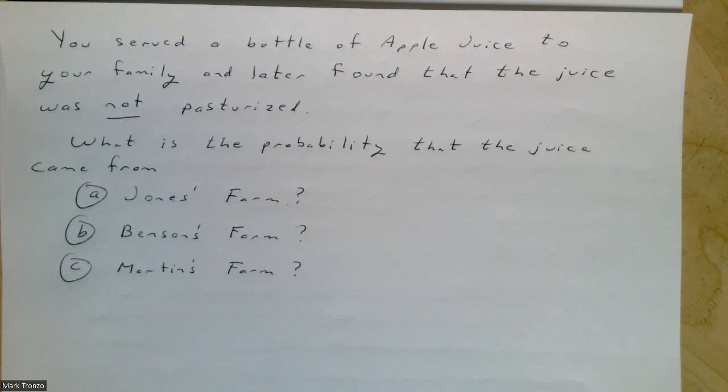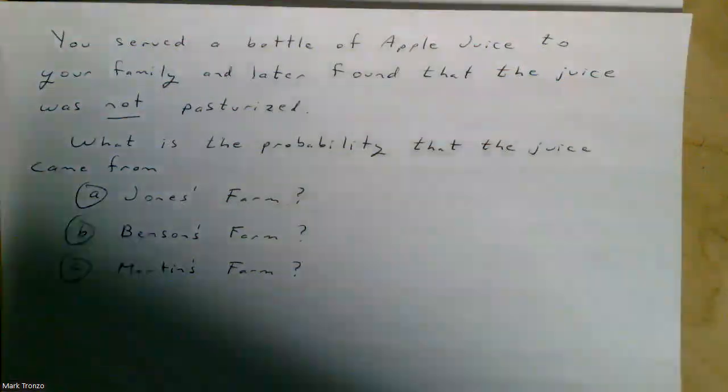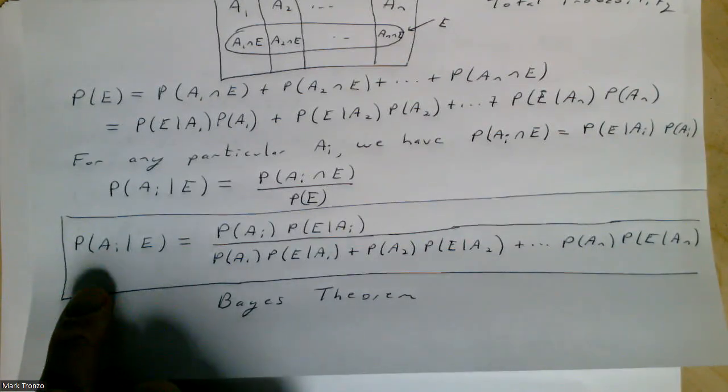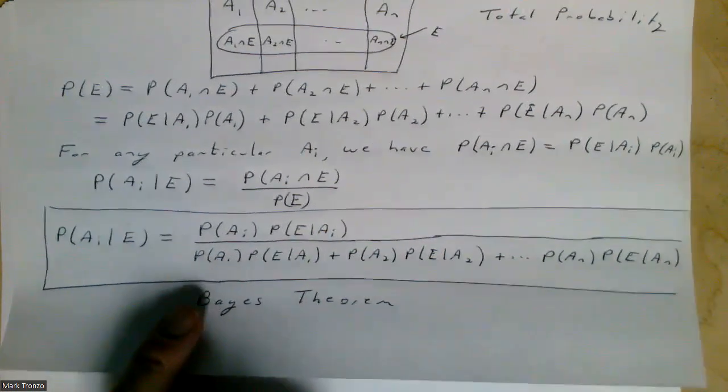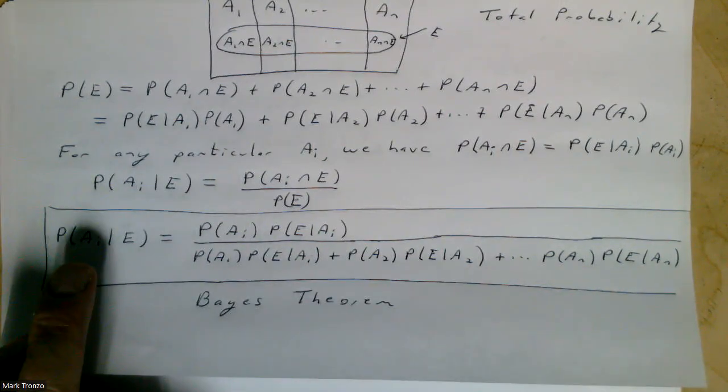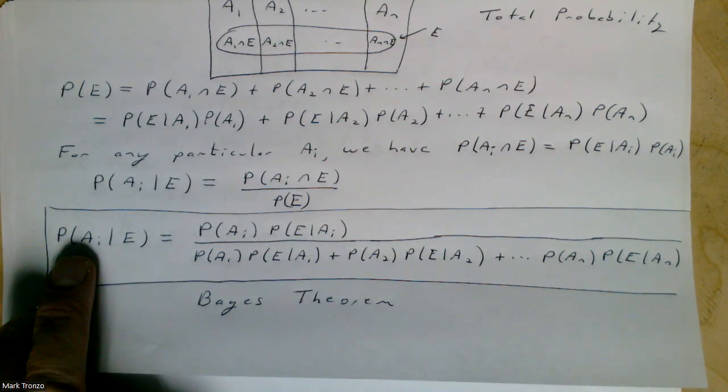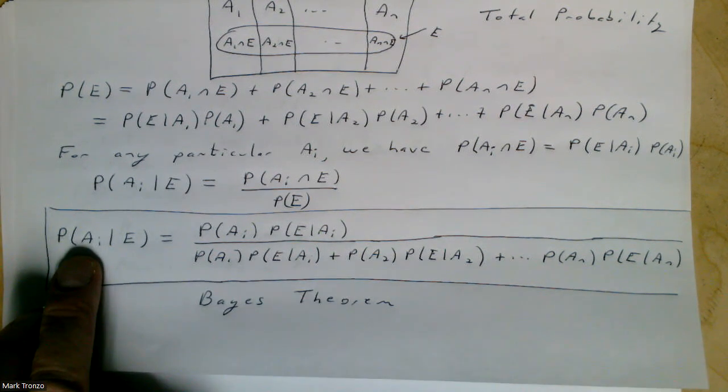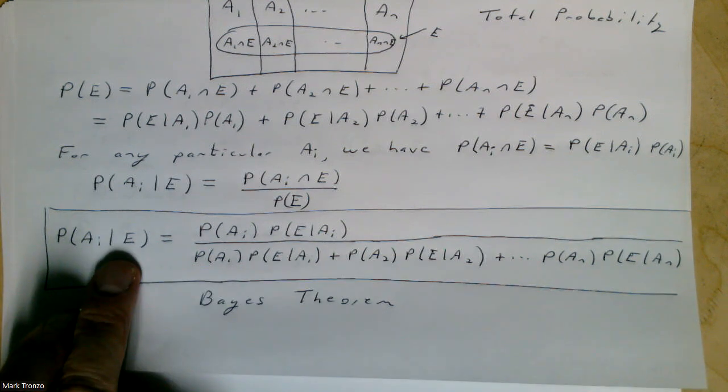So this kind of problem is a Bayes' theorem problem. And so let's take a look at this. Now, what we're going to do, of course, we're going to mainly be using this equation here that we talked about previously, where we're going to have, say, what's the probability that it came from Jones's farm, given that it was not pasteurized?